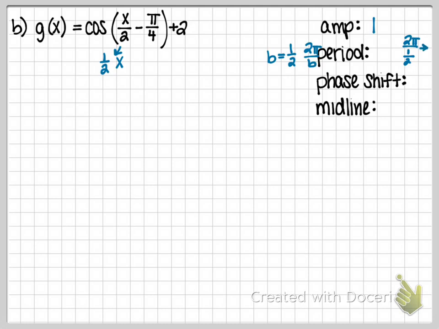Remember, to divide by a fraction, I multiply by the reciprocal. So I'm going to take 2 pi times 2. Oh, I ran out of room. We'll just do it down here. So then I have 2 pi over 1 times 2 over 1, which is going to leave me with 4 pi. So my period is going to be 4 pi.